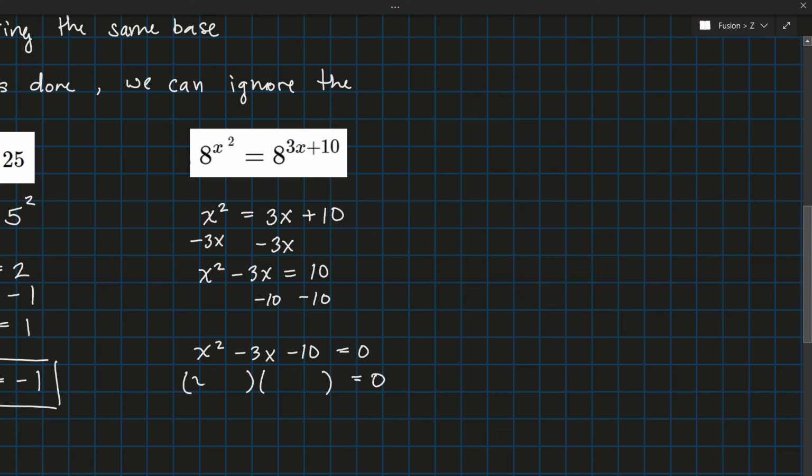So it's just x squared, or x minus 3, or is it x minus 3 minus 10? No, so what you have to do is the left terms here have to multiply to equal x squared. So x and x. The second terms that go here have to multiply together to equal -10 and add together to equal -3.